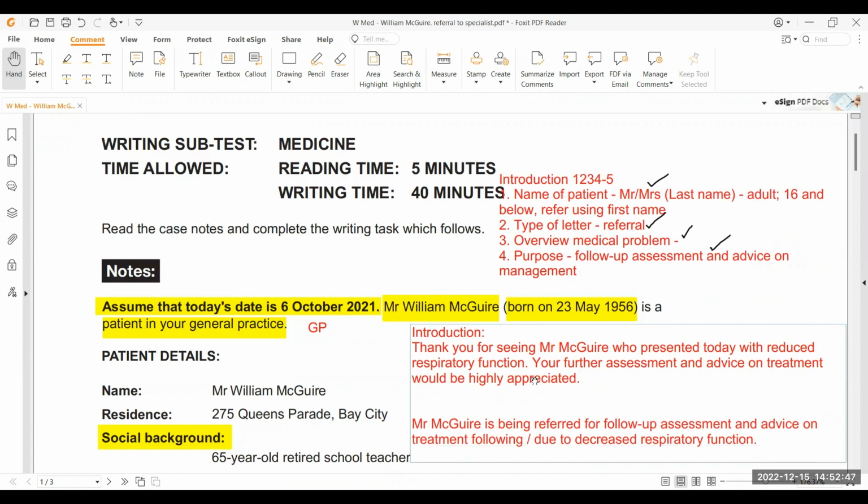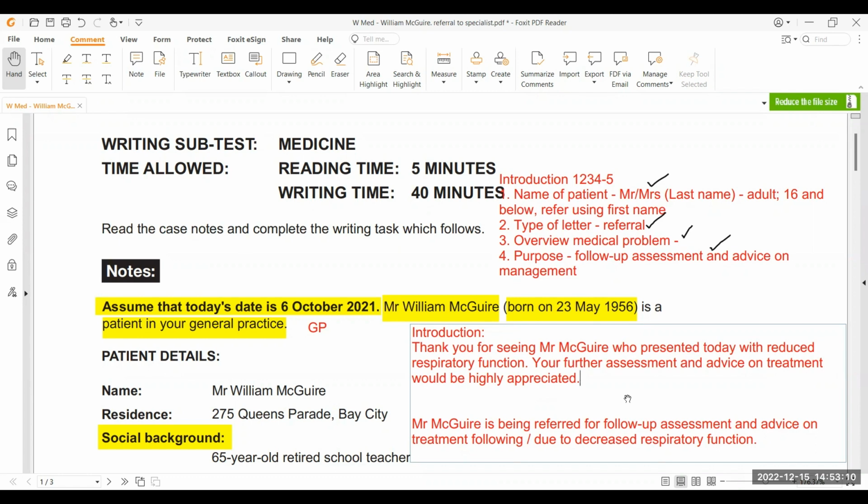Because the introduction is really the first thing the examiner would read from your letter, you really want to make a good first impression. Doing good practice of the introduction is definitely beneficial for you, and it also sets a very good tone for your letter.